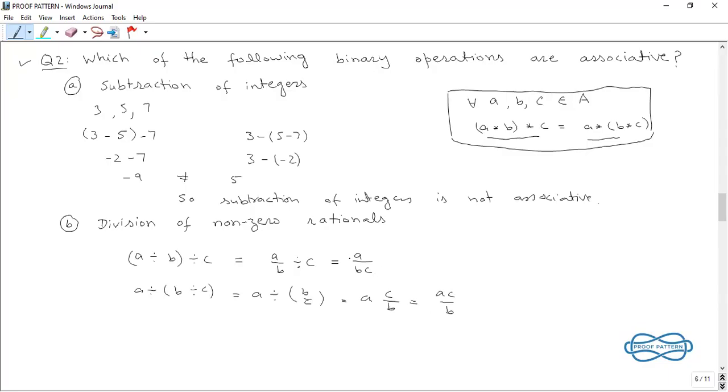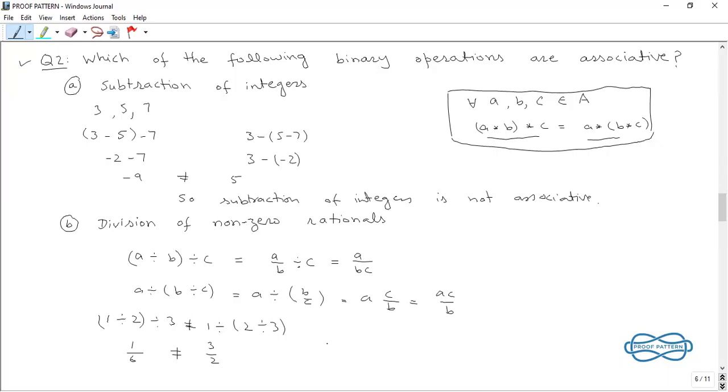It is clear that it is not necessary that always a over bc will be equal to ac over b. We can also check this by some example. If we take 1 divided by 2, and according to these two formulas, at the end we will get 1 by 6 and 3 by 2, and these are not equal.